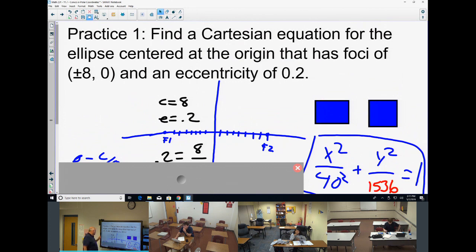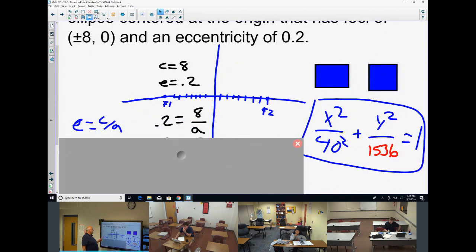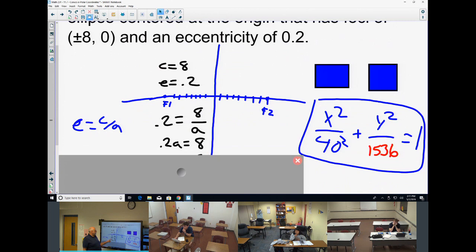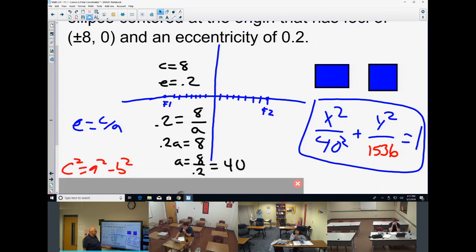Okay. So then if e is equal to c divided by a, you use that to figure out what a is. So you get 0.2 equals 8 divided by a. So you multiply each side by a and then divide by 0.2, and so you get a is 40.